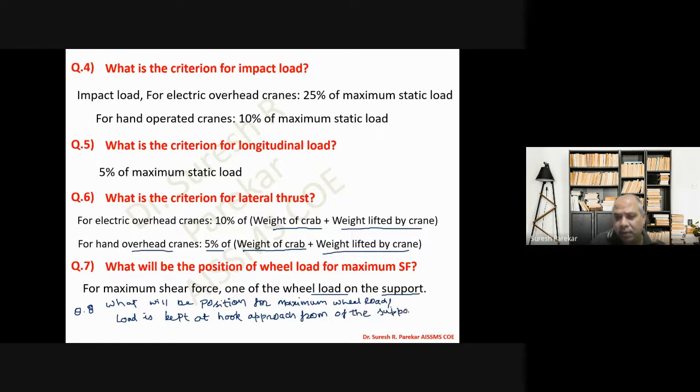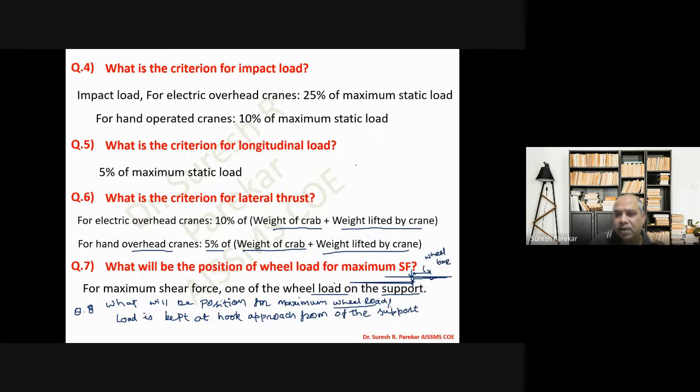So we have to keep that load at hook approach, which will give us maximum wheel load, and that maximum wheel load we have to keep on one of the supports to get the maximum shear force, because we know these two are connected. This will be an assembly. So if one is at support, then the other will be at wheel base from this support. This is my wheel base.